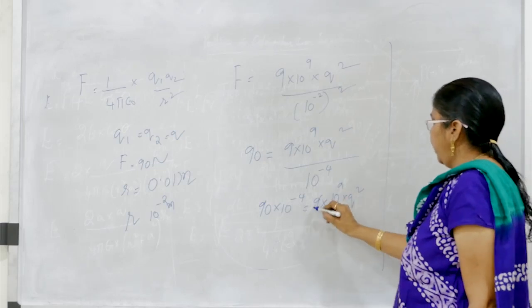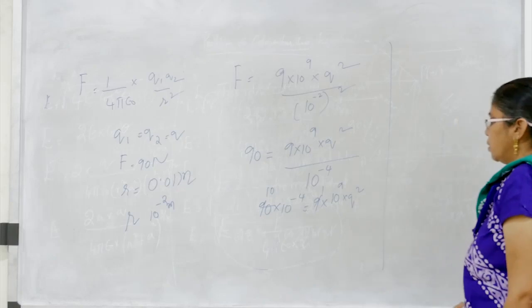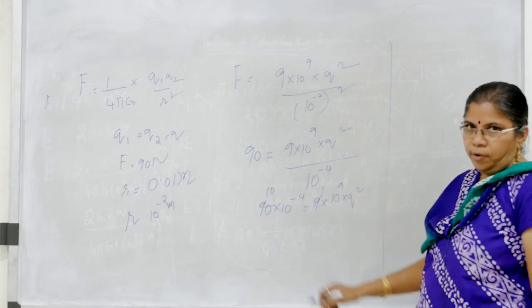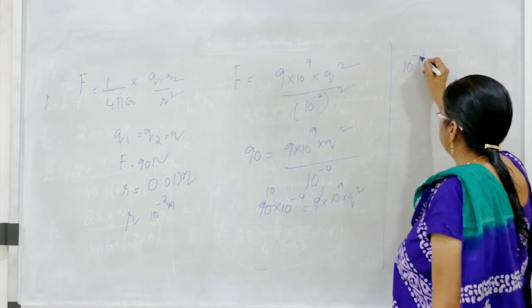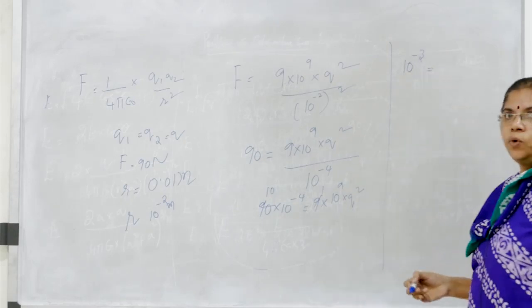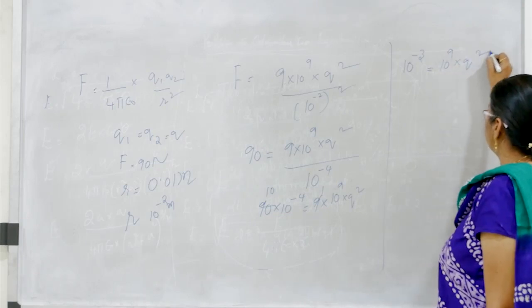So here 9 gets cancelled, 10 times. So this becomes 10 into 10 power minus 4, which means it becomes 10 power minus 3. So that is equal to 10 power 9 into Q square.